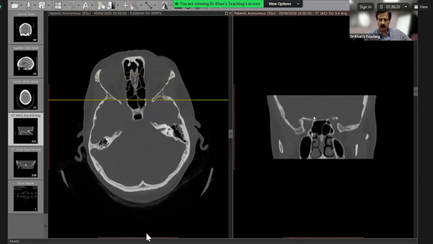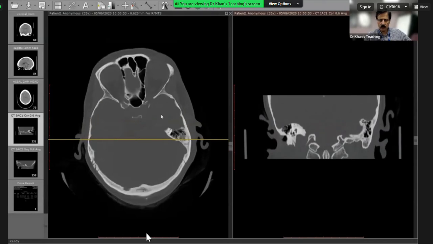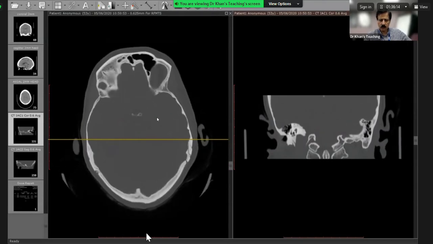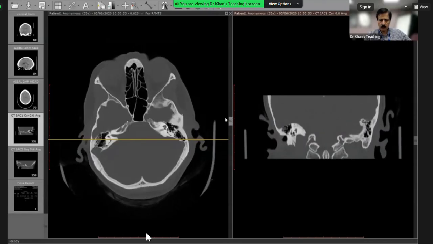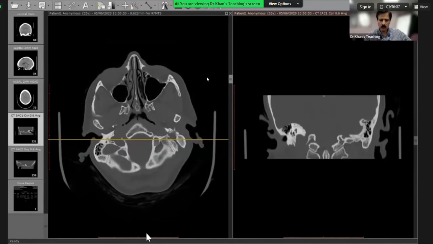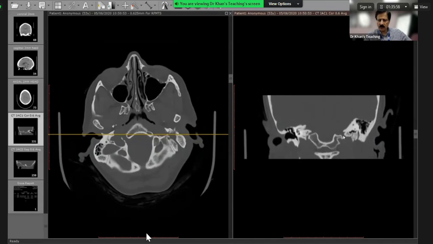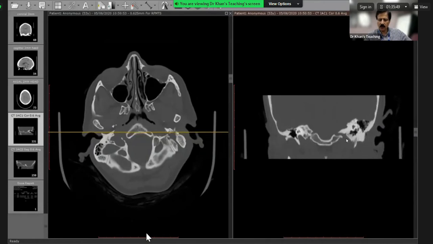Let's go to the eagle. Now, if you see here, this is the eagle and the beak. This is the hypoglossal canal, and here will be the jugular foramen.